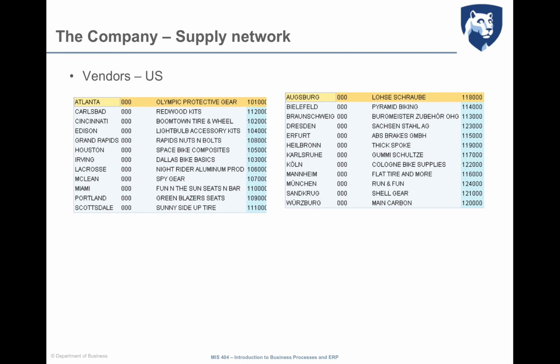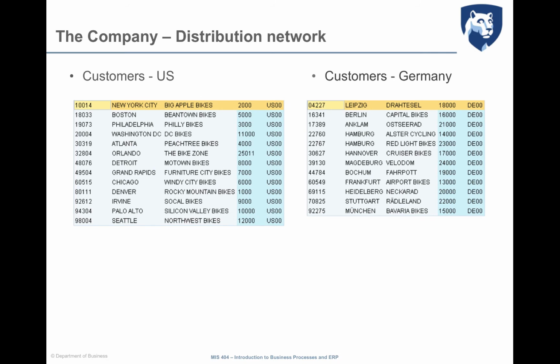In particular, GBI promotes itself as a company which is very well integrated with its suppliers and also invests in developing suppliers if needed. Finally, we have a distribution network, so the dealers through which GBI distributes its products.